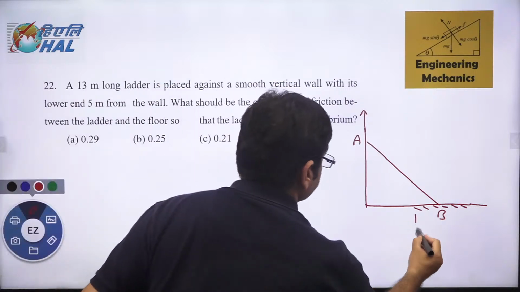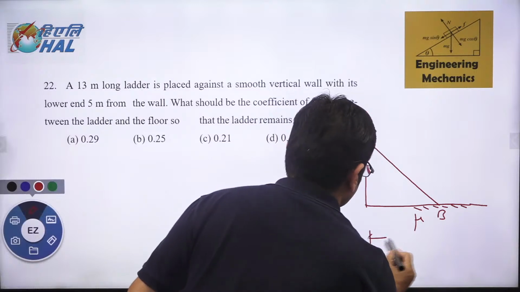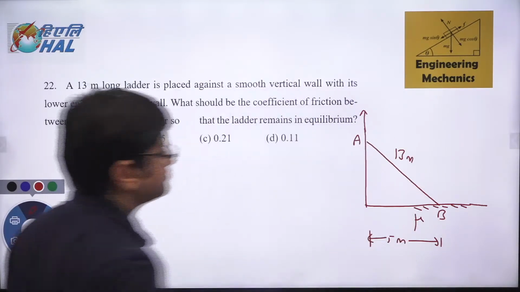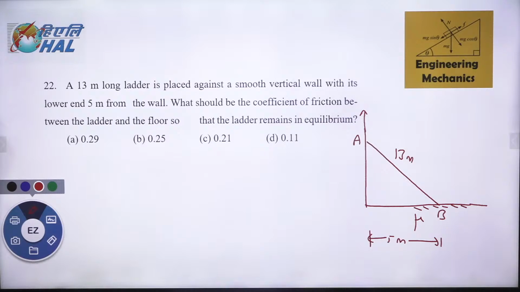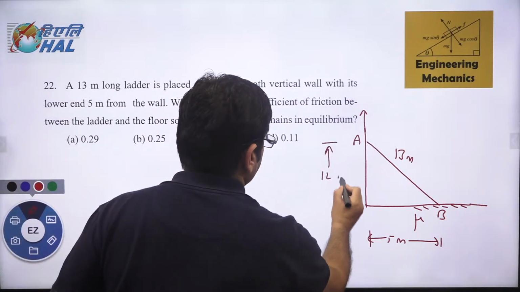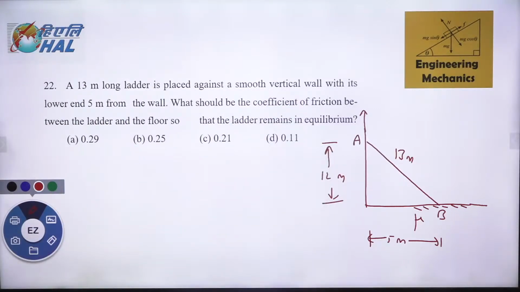So let us say the coefficient of friction is mu. 5 meter from the wall, this length is 5 meter, this one is 13 meter, and we know the Pythagorean theorem. So this is 12 meter, 12 square plus 5 square is 13 square. Tell me what is the value of coefficient of friction?